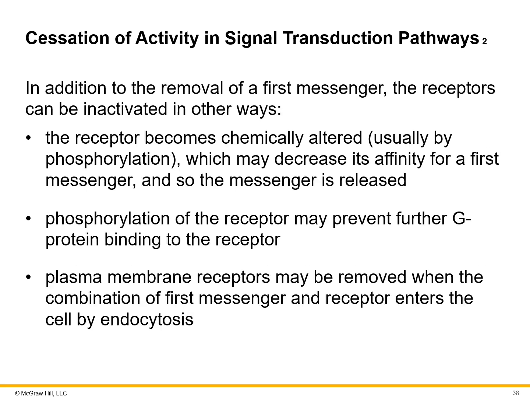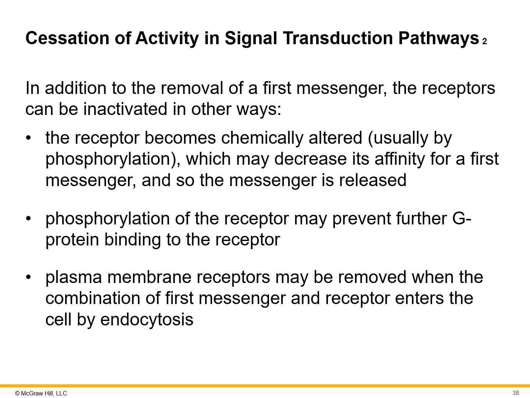In addition to the removal of the first messenger, the receptor can also be inactivated. It becomes chemically altered, which can decrease its affinity for that messenger, so the messenger is released and diffuses away. Phosphorylation of the receptor can prevent further G protein binding, which means that the secondary protein that the alpha protein binds to will not bind, and therefore the secondary messenger will not be made.